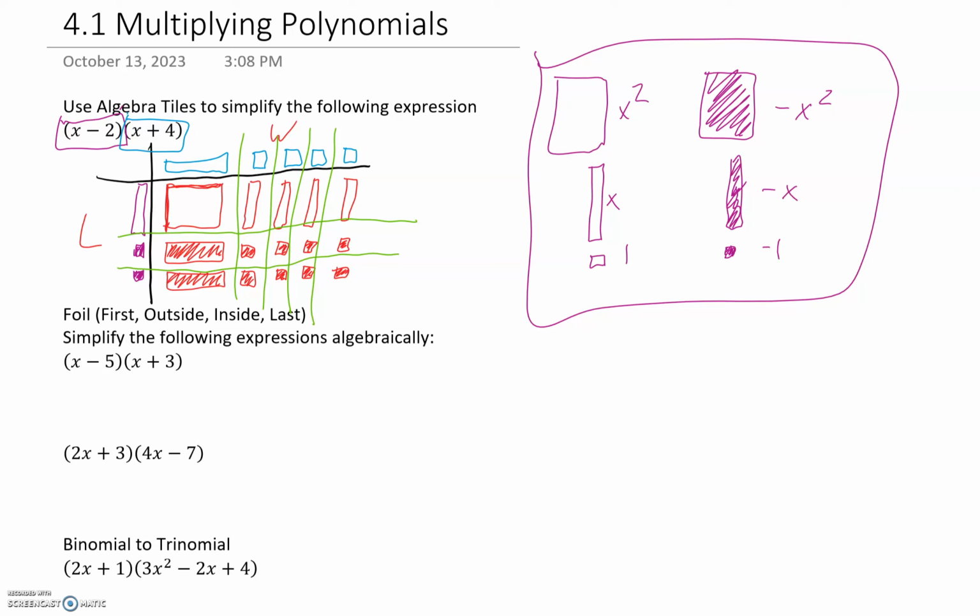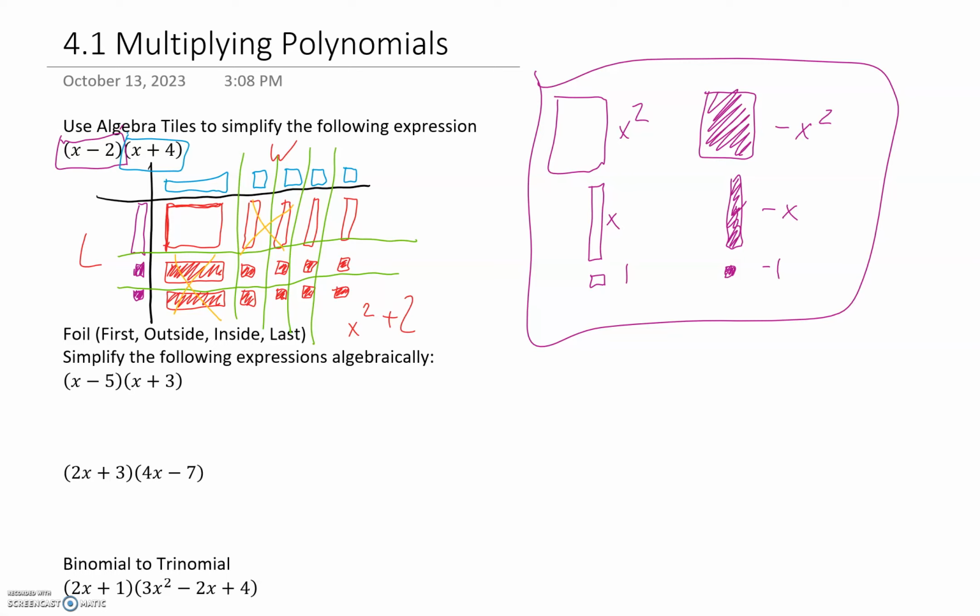So if we count all of those up now, our final answer is, I'll just write it down here, x squared. And then what you're going to notice actually in yellow is that these ones cancel with these ones, with 2 of those ones. So x squared plus 2x minus 8.